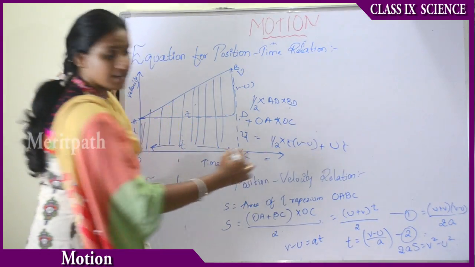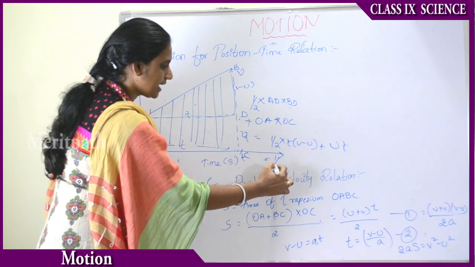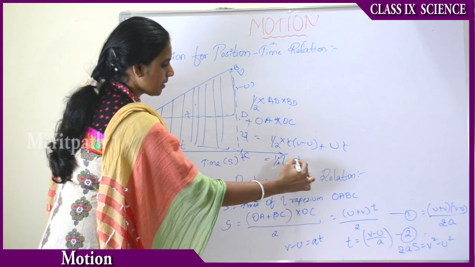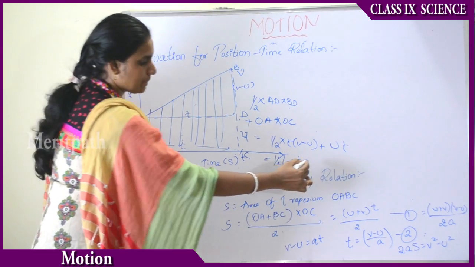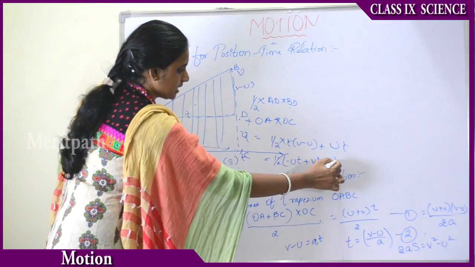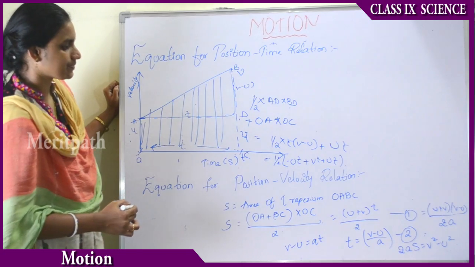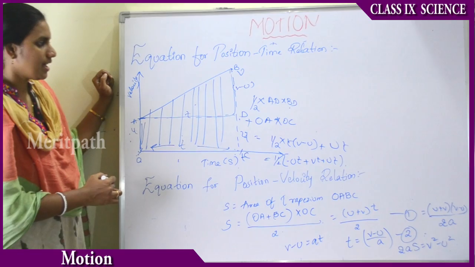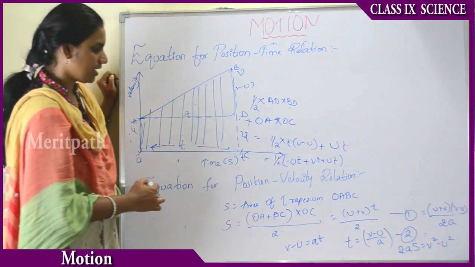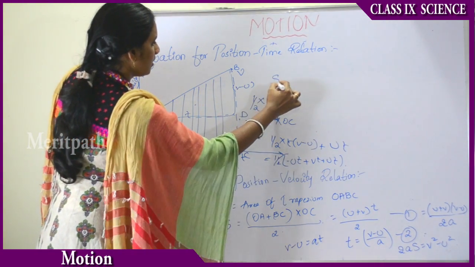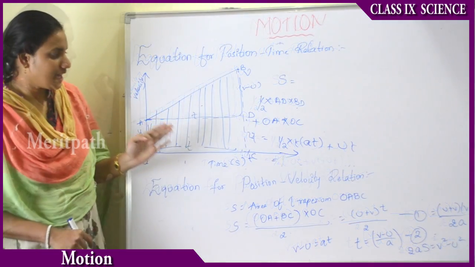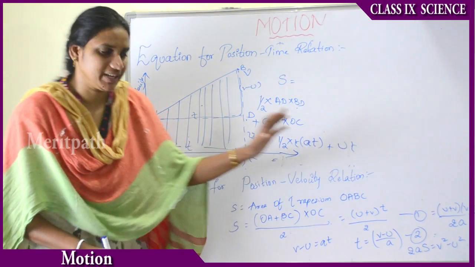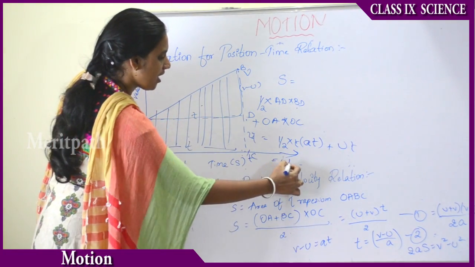And when we simplify this, we will be getting half UT minus half UT plus VT plus UT, that is VT by 2, right? Therefore we will be representing S as half T into AT plus UT, that is UT plus half AT square.